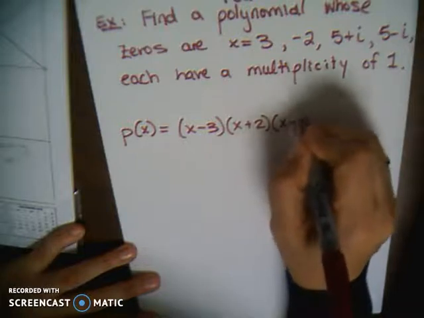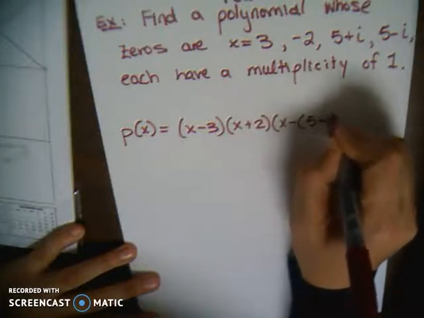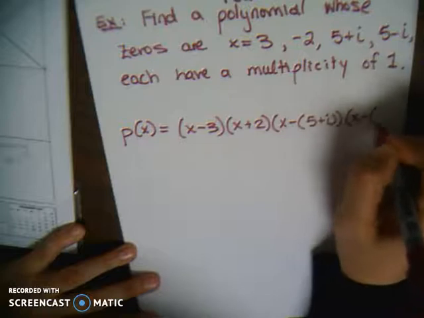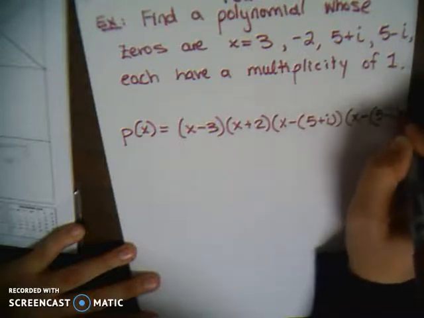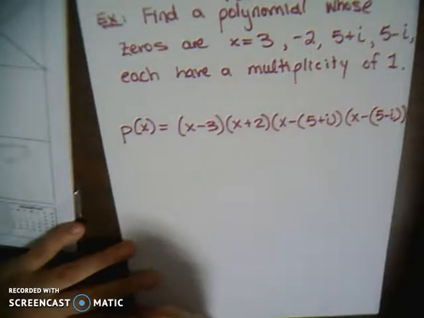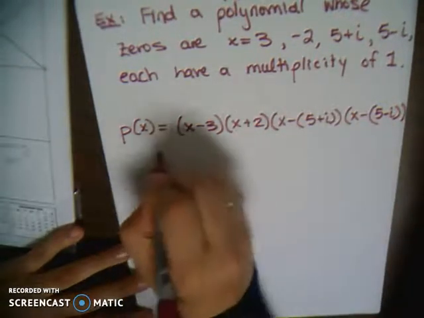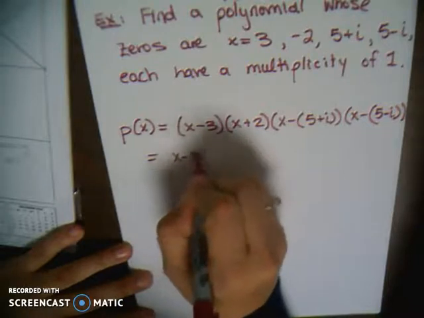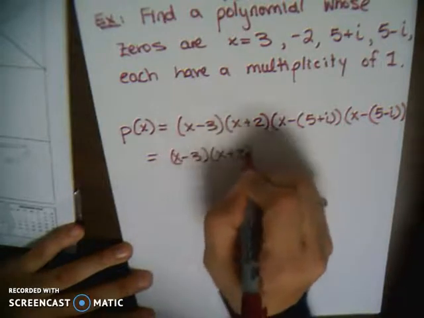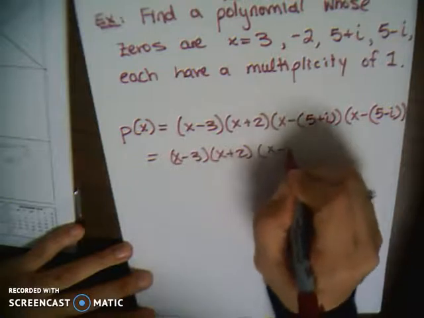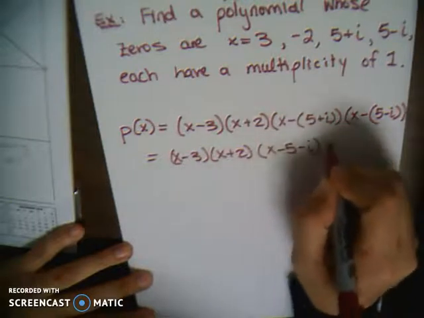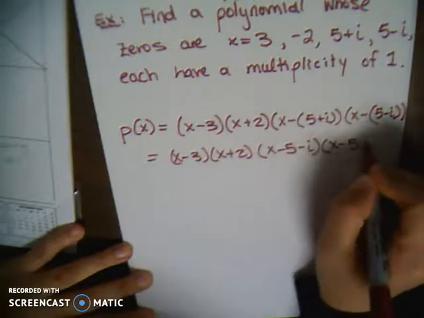So it's x minus 5 plus i and x minus 5 minus i. And before I multiply out, I'm going to have to go ahead and distribute. So we get x minus 3, x plus 2, x minus 5 minus i, and x minus 5 plus i.